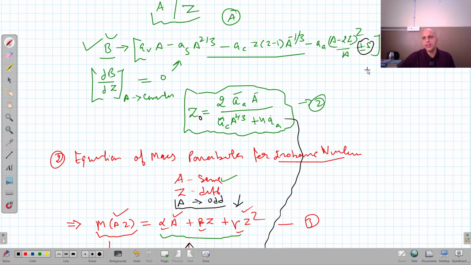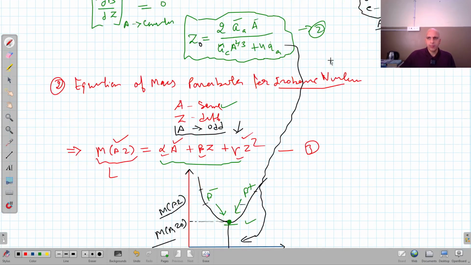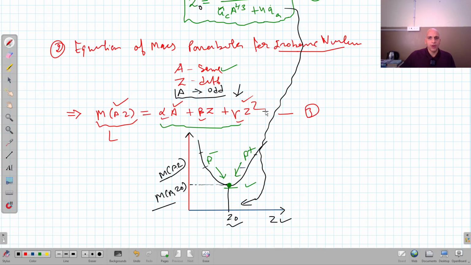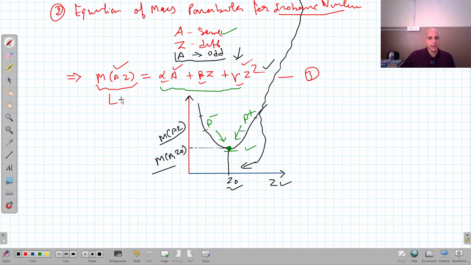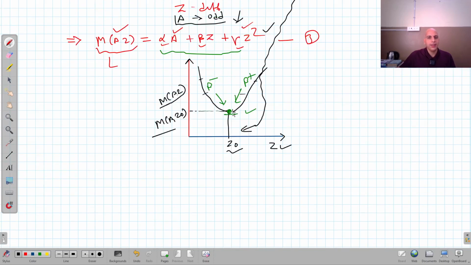Odd A means either even-odd or odd-even, so in both cases A will be odd. So when A is odd, this term is equal to 0. When I applied this condition, I got this equation number 3, and this is the parabolic mass relation. I plotted it here, and then I got the condition for most stable isobar.